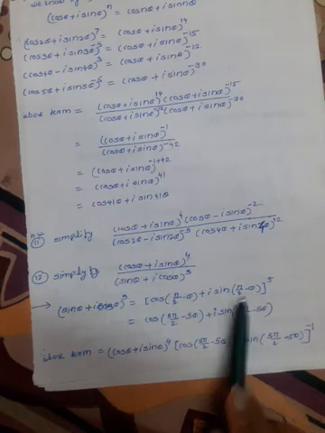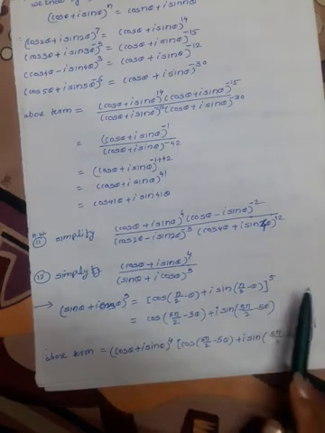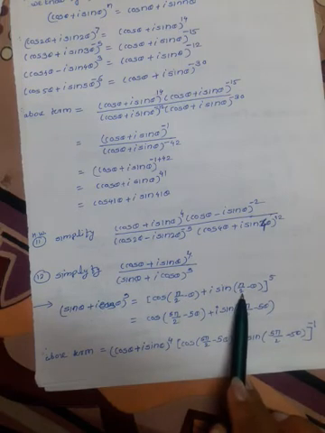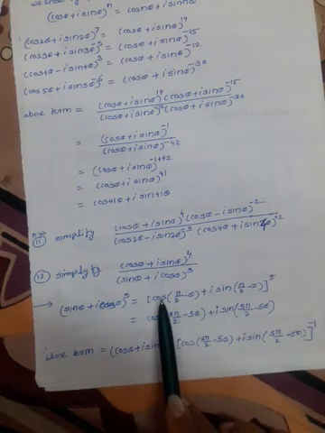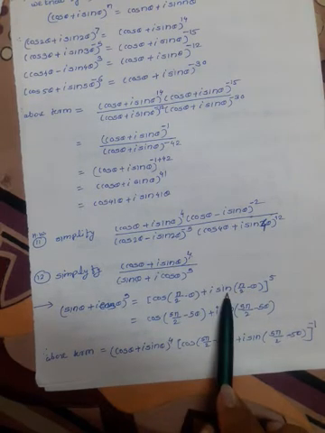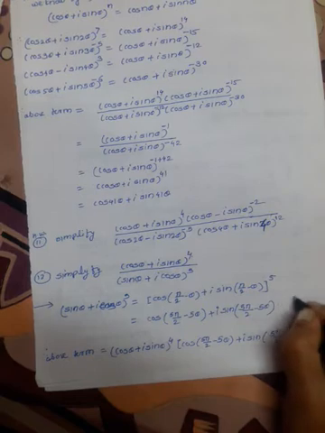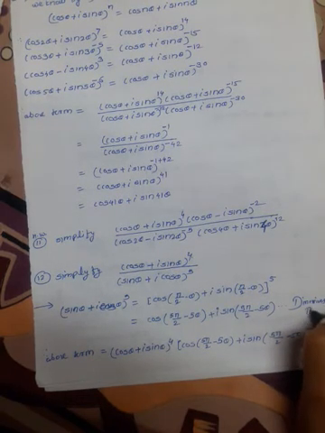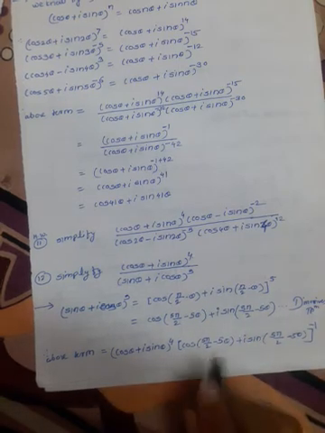The rest of the terms raised to 5 as it is. Now whatever the angle is, doesn't matter. The first term should be cos, the second term should be sin. Now we can use De Moivre's theorem. Everywhere you have to write De Moivre's theorem.